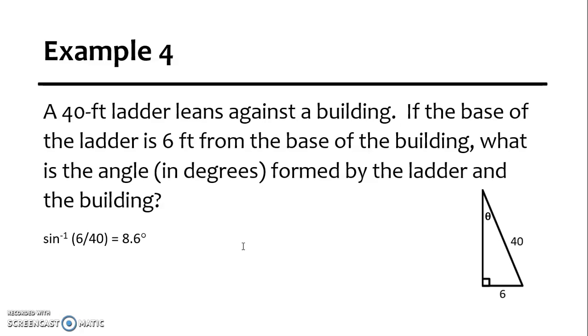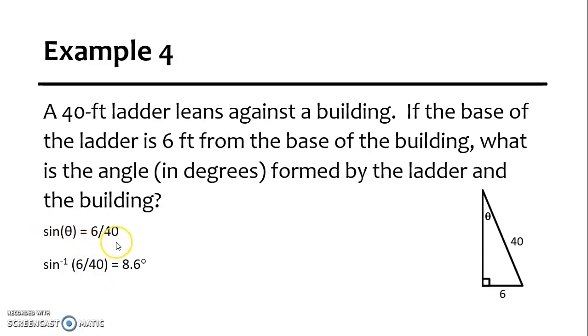Now, there is another way to think about this, so let me write an equation for you. The equation would look like this. It says sine theta equals 6 over 40, because remember, when you do a sine function, it's always sine of an angle measure. So this is the equation you would have, and technically, when you solve it, you would get this sine inverse.